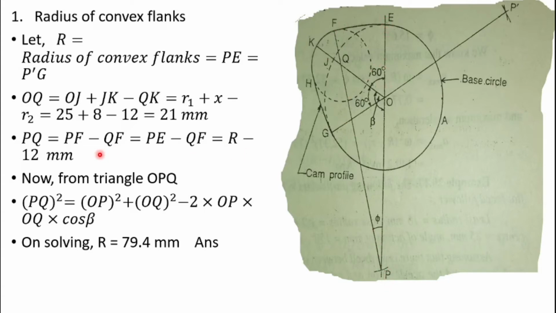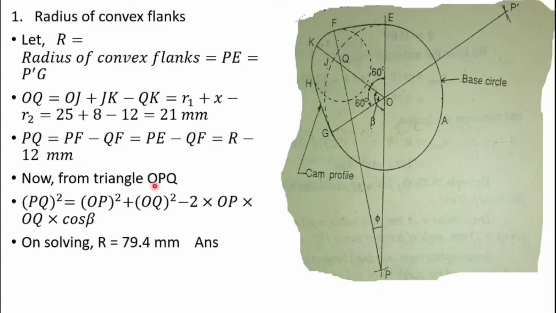So in place of PF we can write PE, minus QF, and PE is radius R, that is the convex flank radius, and QF is the radius of the nose circle, which is 12. So PQ becomes R minus 12 mm.